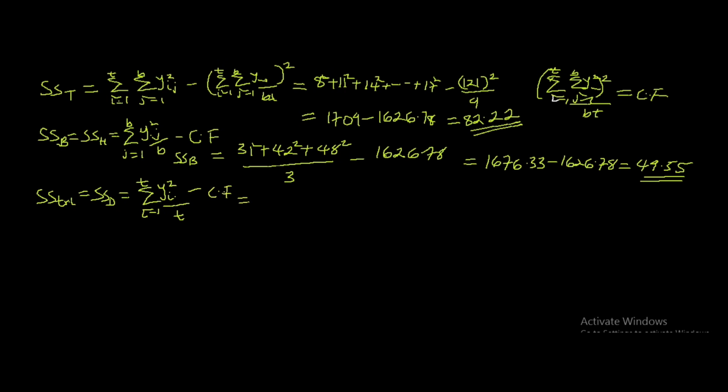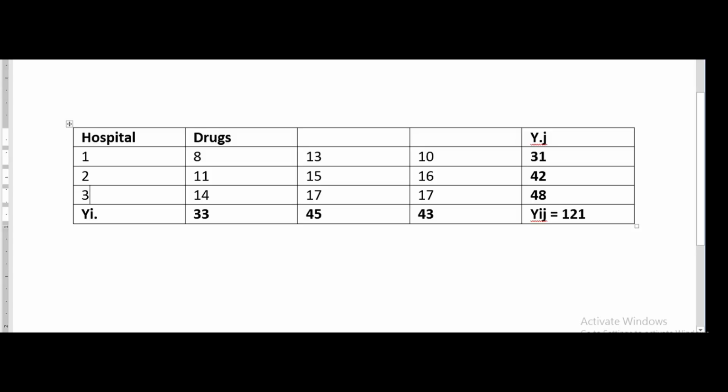So let's look at our table to know how this is going to look. Looking at our table, this drug is our treatment. So the summation of the columns is 33 squared plus 45 squared plus 43 squared divided by 3.